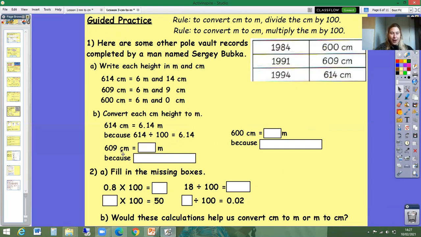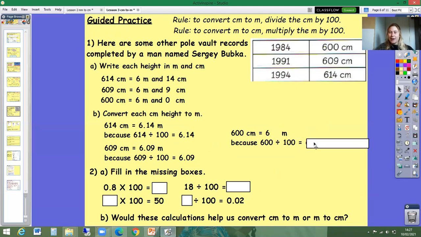Let's look at the one below. 609 centimeters is 6.09 meters, because 609 divided by 100 is 6.09. Now let's look at the last one. 600 centimeters is 6 meters, because 600 divided by 100 is 6. Hopefully you have the same reasons as me, something very similar.